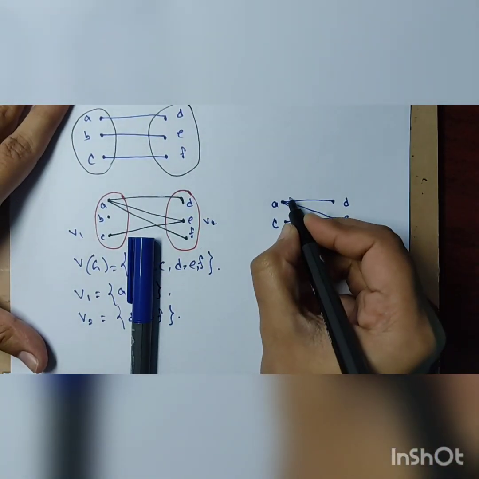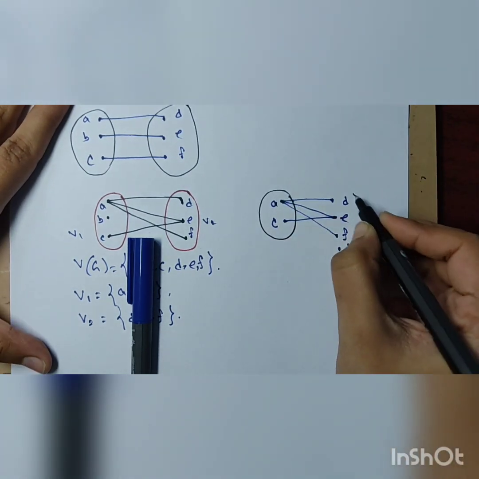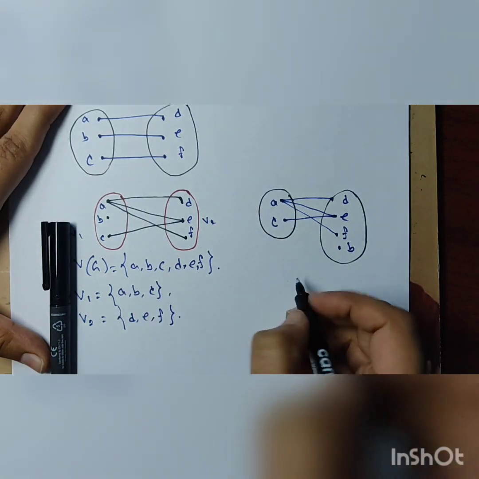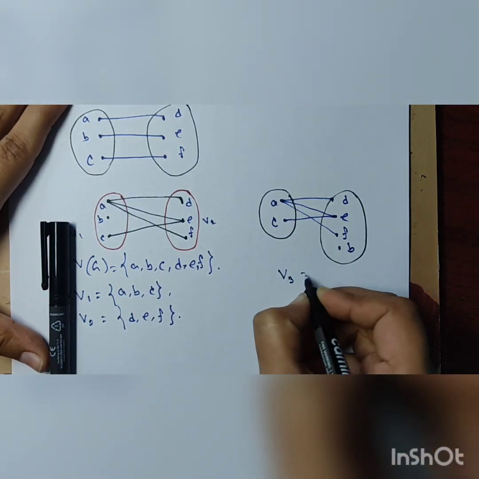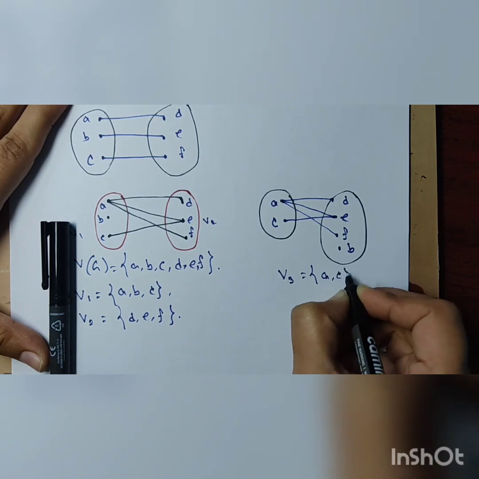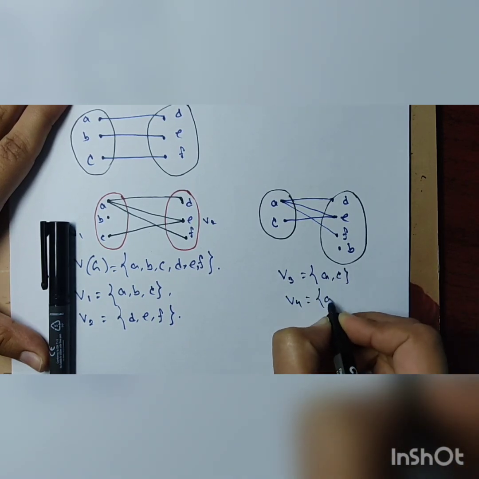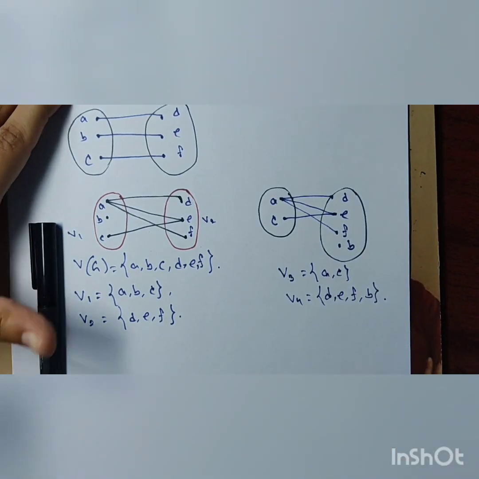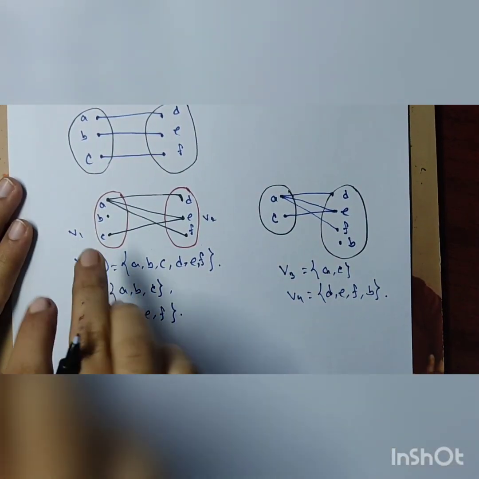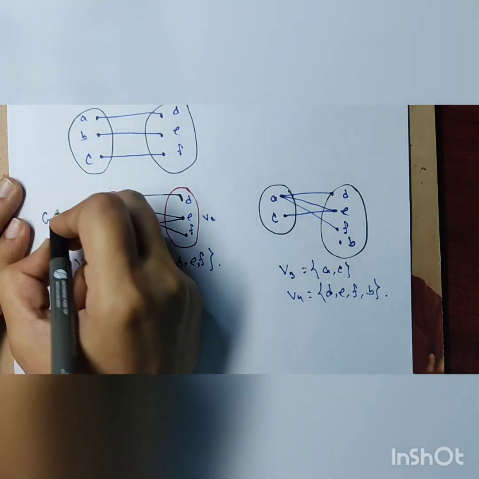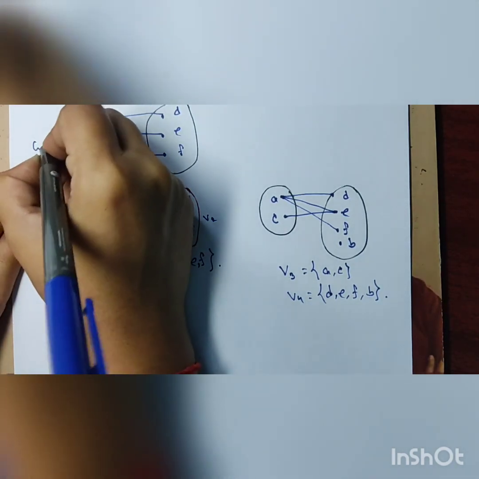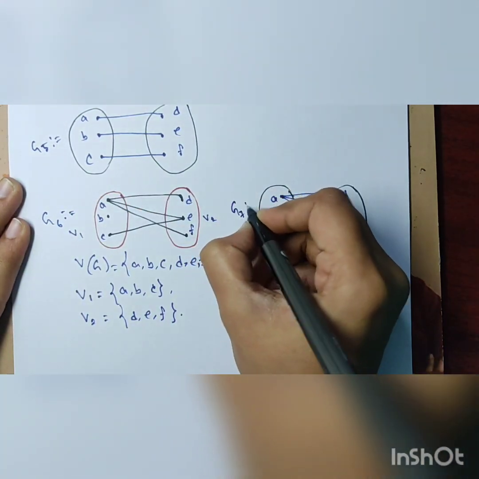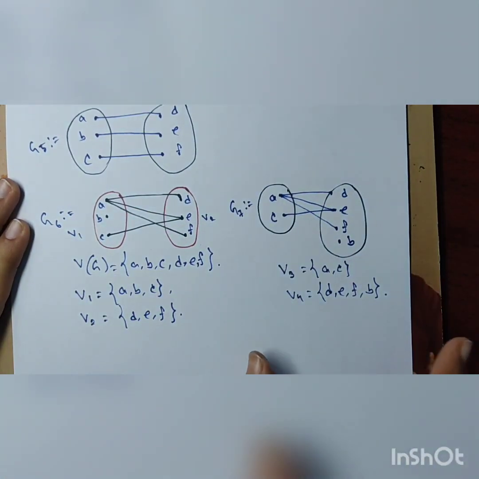So we have the partite sets V3 to be A and C, and V4 as D, E, F, and B. This is an important example because this was our G5 and G6, and it is G7. Here G6 and G7 are the same graph.